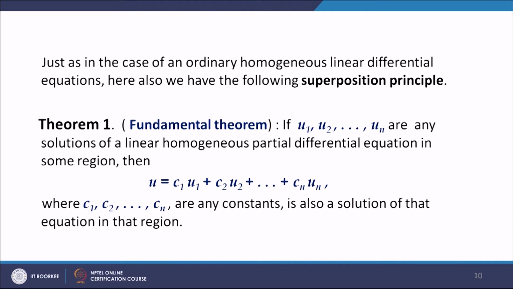Theorem 1: if u1, u2, un are any solutions of a linear homogeneous partial differential equation in some region, then c1 u1 plus c2 u2 plus cn un, where c1, c2, cn are any constants, is also a solution of that equation in that region. This you can easily verify by picking up any homogeneous linear partial differential equation.